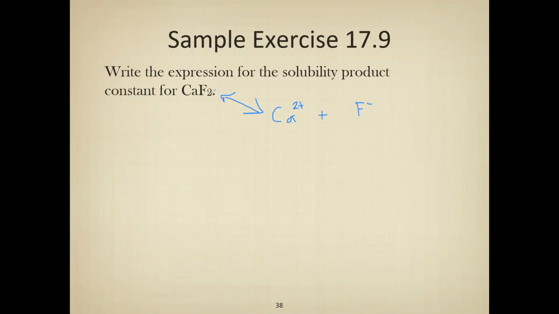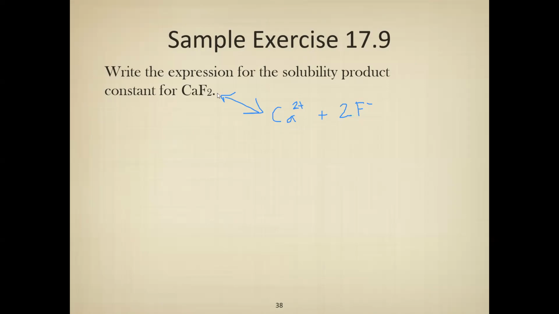So if we look at the formula, we've got 2 of those fluorines for every calcium. Calcium's +2, fluoride's -1. So we'll need 2 of those fluoride ions for every 1 calcium. So when we look at our equilibrium expression, we'll focus on the products because this is going to be a solid. We don't include those in the expression, so we'll just focus on these.